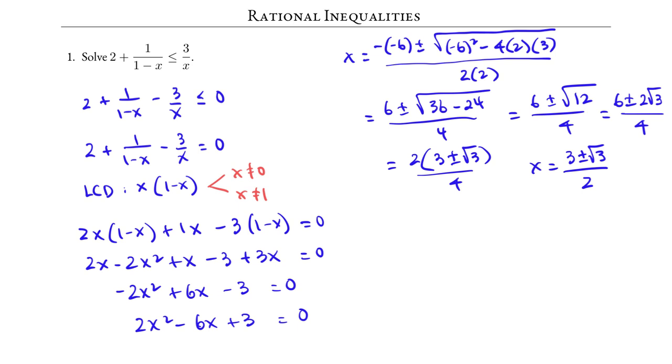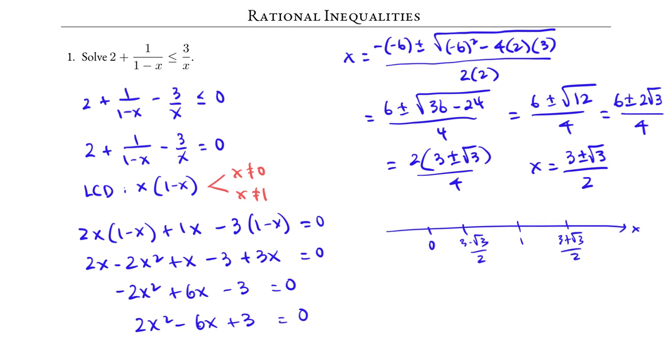We will use these two values along with 0 and 1 to construct a sign chart. At 0, 3 minus root 3 over 2, 1, and 3 plus root 3 over 2.